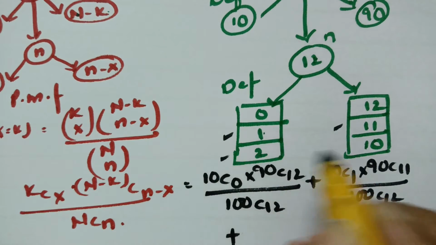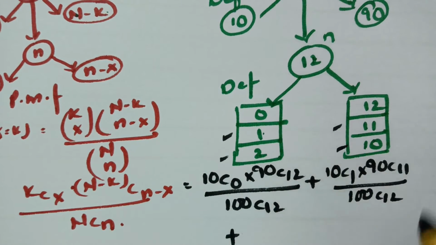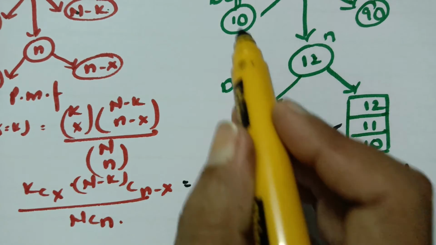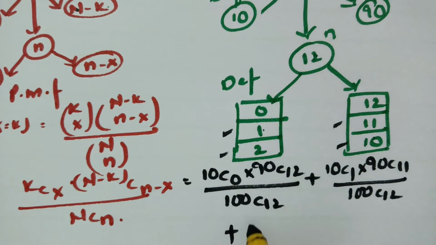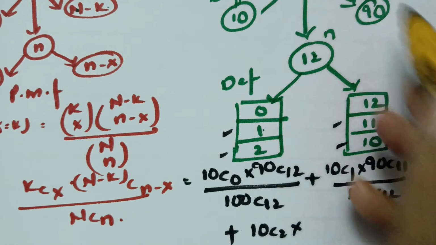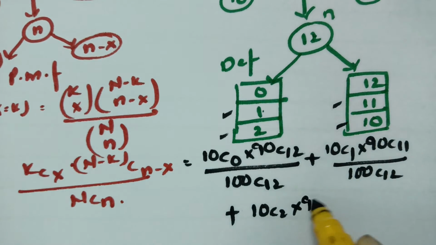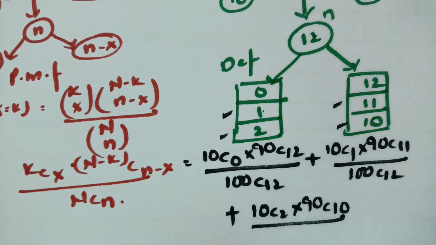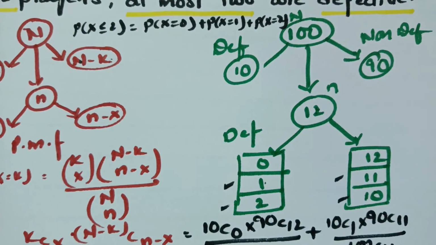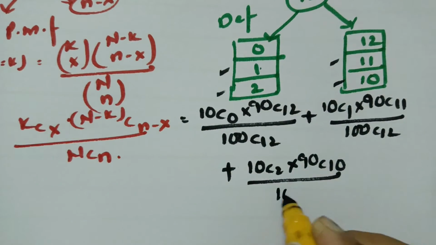And the next one, for defective items 2, we take 10C2 times 90C10 divided by again the total, 100C12.